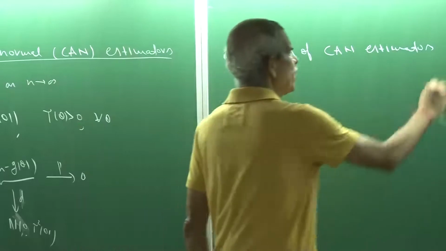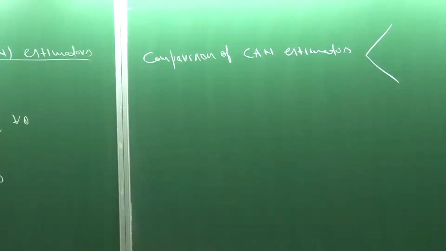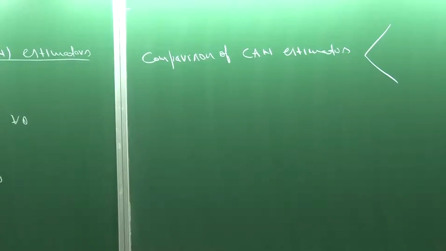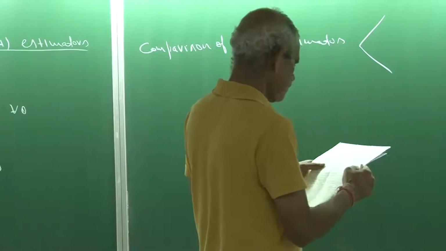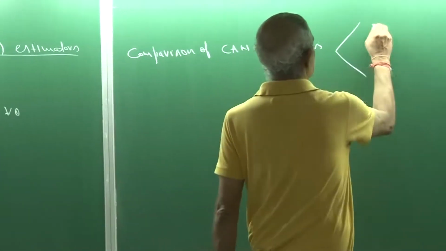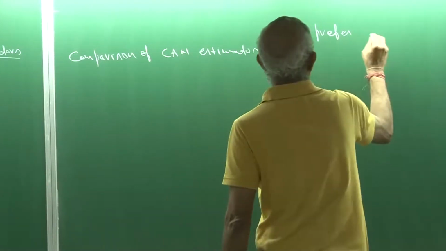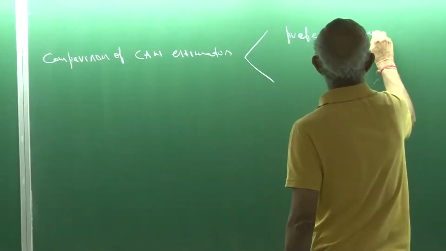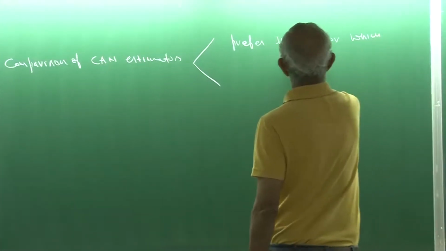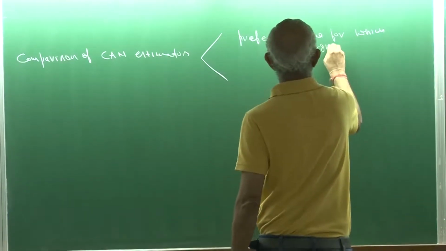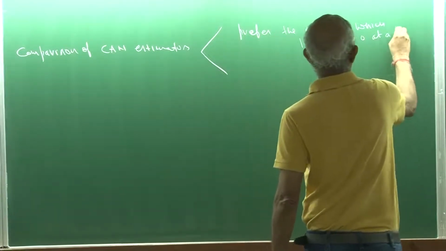Comparison of CAN estimators can be done in two directions. The first one is, certainly I should prefer the one for which delta n minus g theta goes to 0 at a faster rate.